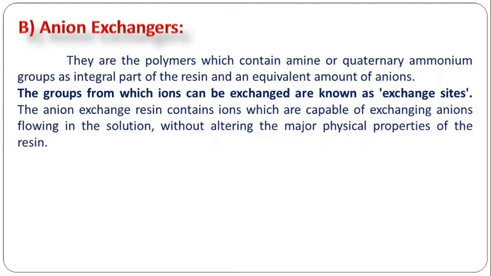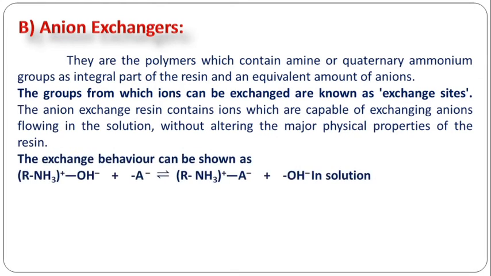The anion exchange resin contains ions which are capable of exchanging anions flowing into the solution without altering the major physical properties of the resin. So while this exchange takes place between the solution and resin, the physical properties of the resin should not change; it should be stable. This is the reaction which takes place at the exchange site.